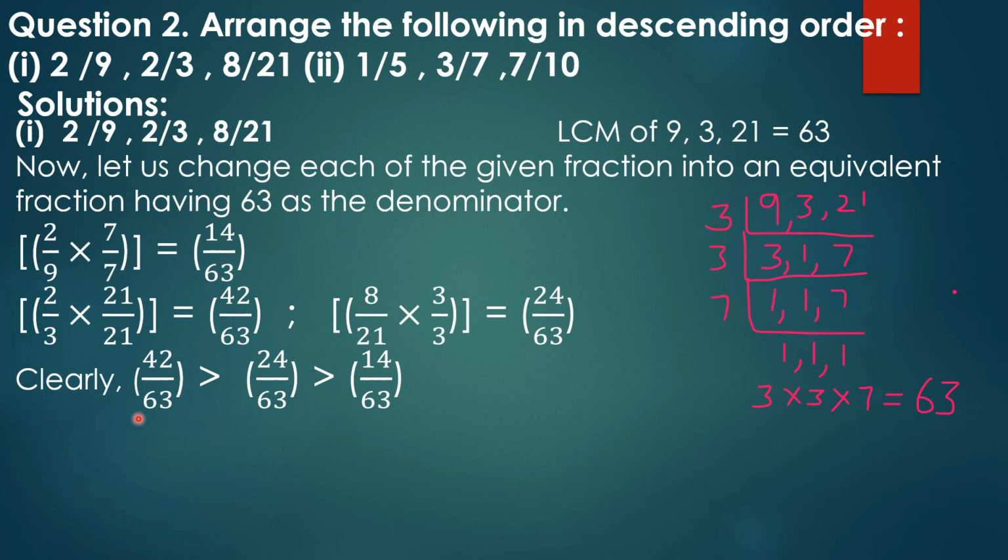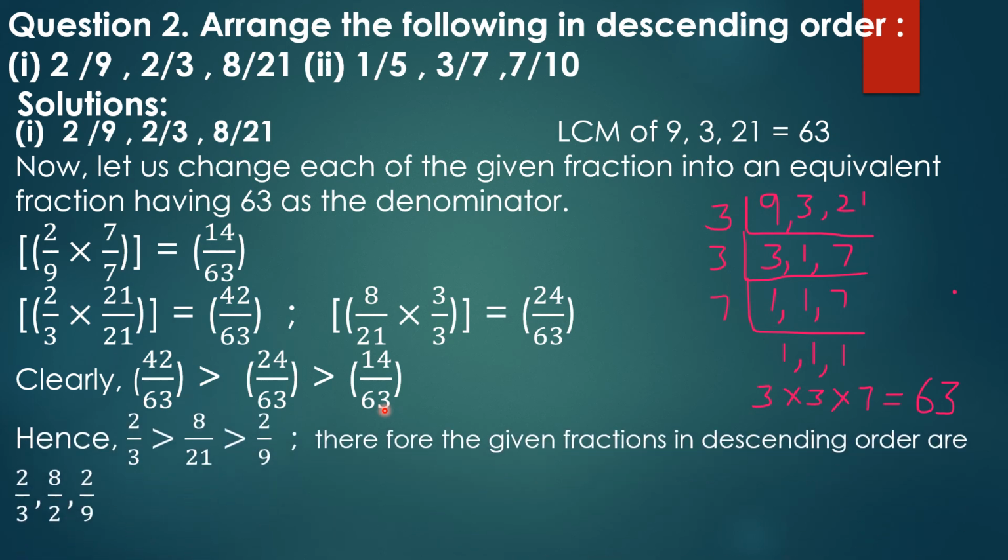Now, since the denominators are the same, which is higher here? 42 is the highest number. Therefore, 42 by 63 is greater than 24 by 63, and the next fraction is 14 by 63. Therefore, 42 by 63 is greater than 24 by 63, which is greater than 14 by 63. Now we have arranged the equivalent fractions in descending order.